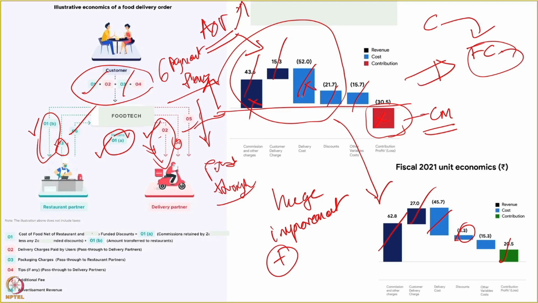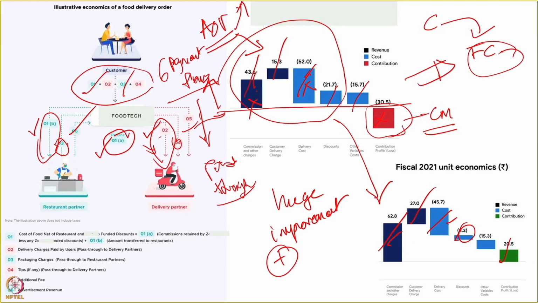For example, if the average order value is increased or decreased, what is the impact on A, the commissions, and B, the delivery cost? Obviously, the delivery costs are the same no matter what the order value is. And if your average order value keeps going up, then the proportion of this dark blue to this light blue is going to be different. And that's exactly what has happened here.